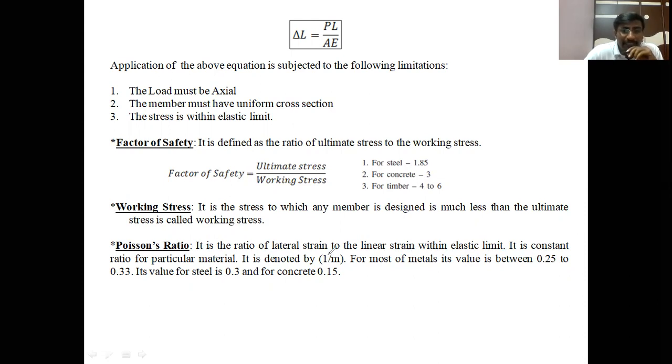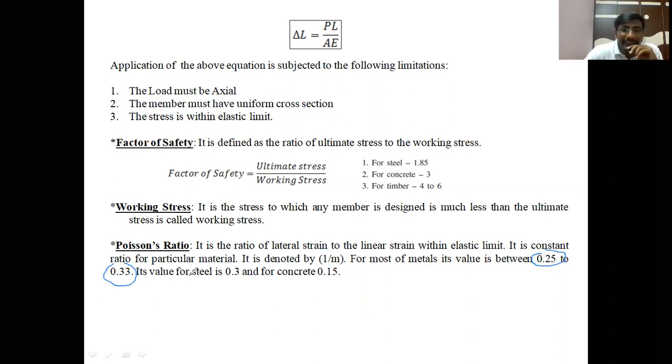It is denoted generally by 1/m. In some other books, it is denoted by mu. For most materials or metals, its value is between 0.25 and 0.33.